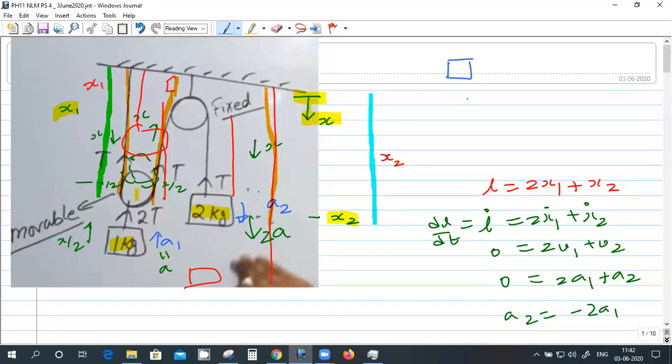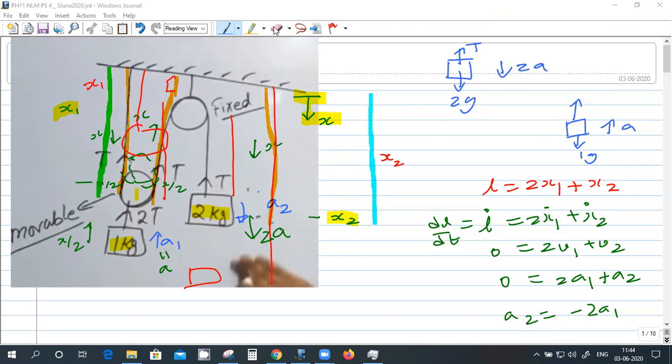This 2 kg block will have 2g downward and tension T upward, and its acceleration is 2a. And this 1 kg block, what is the upward force here? Once we get the acceleration of the blocks, you can draw the free body diagram.